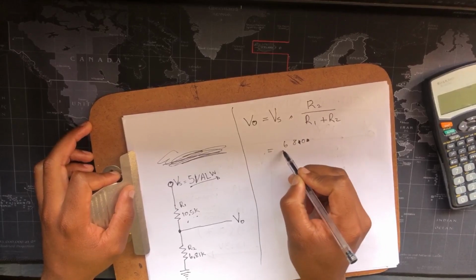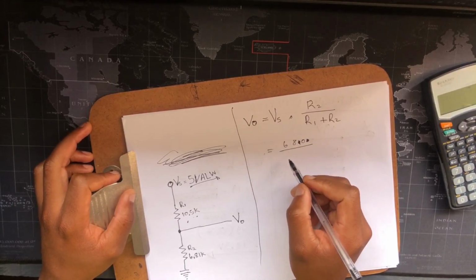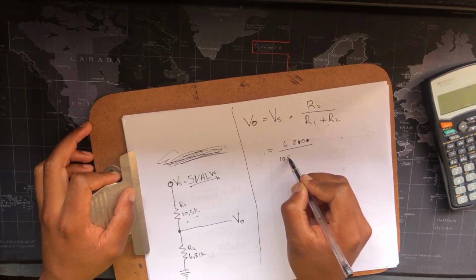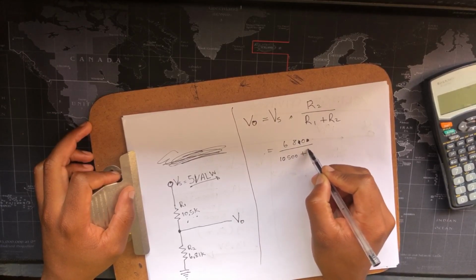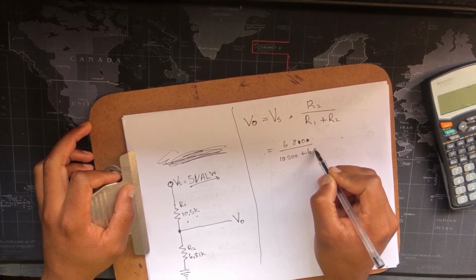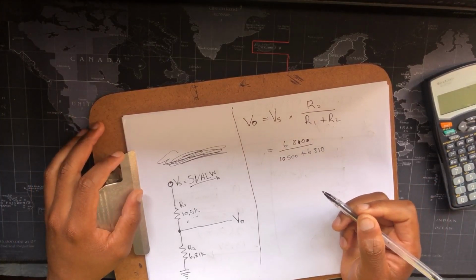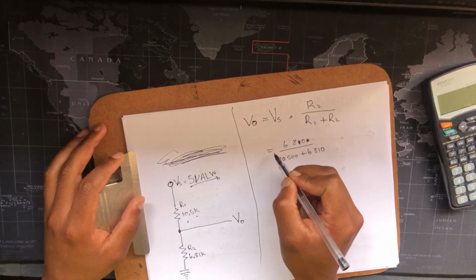It's 110. And R1 is going to be 10,500 plus 6,810. Okay, wait, got something.